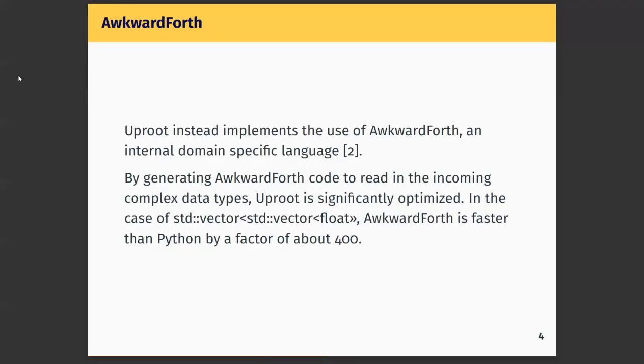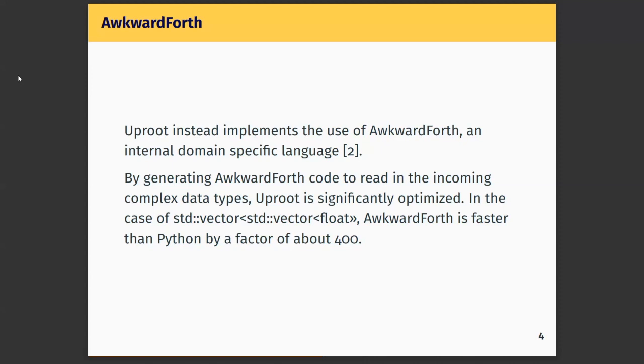So what is AwkwardForth? AwkwardForth is an internal domain-specific language for Uproot, and it was designed to read data into Awkward Array. Using AwkwardForth and generating AwkwardForth code to read in the incoming data types, Uproot is sped up significantly.